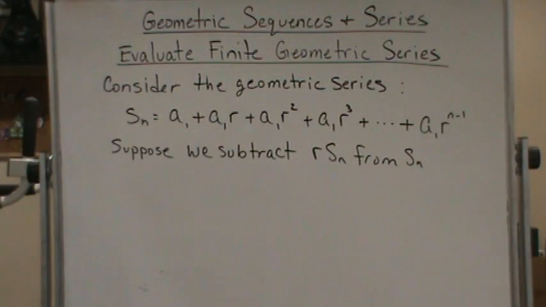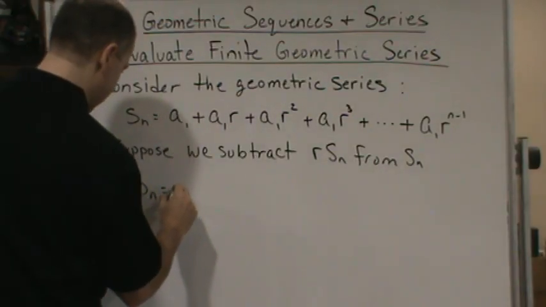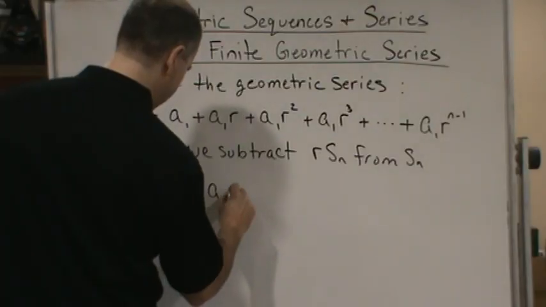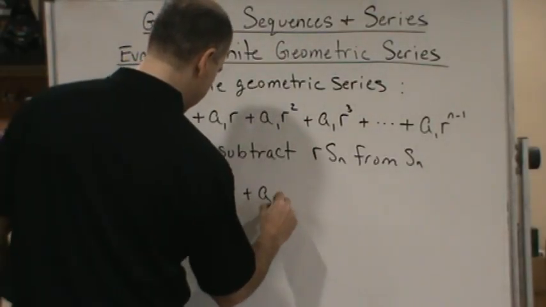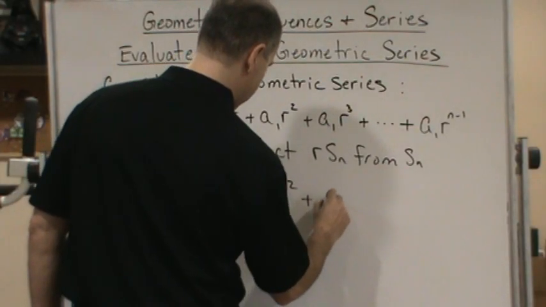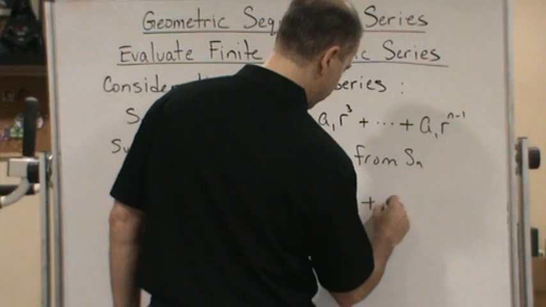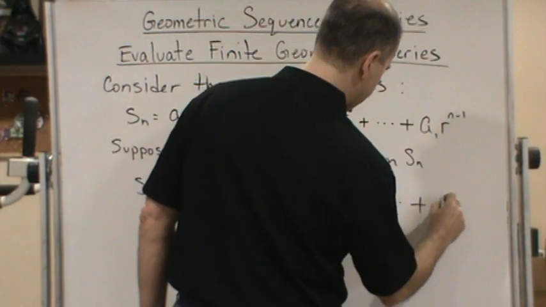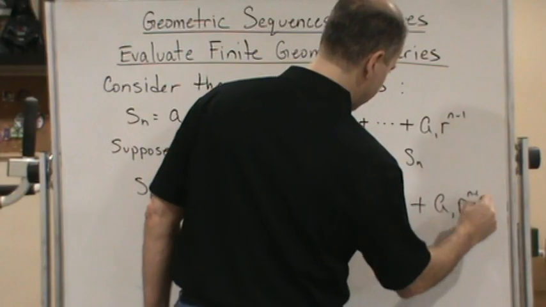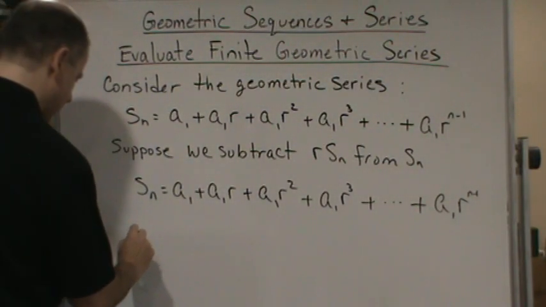Let's write that out. S sub n is equal to a1 plus a1 r plus a1 r squared plus a1 r cubed plus dot dot dot plus a1 r to the n minus 1. Now we're going to take r times that.